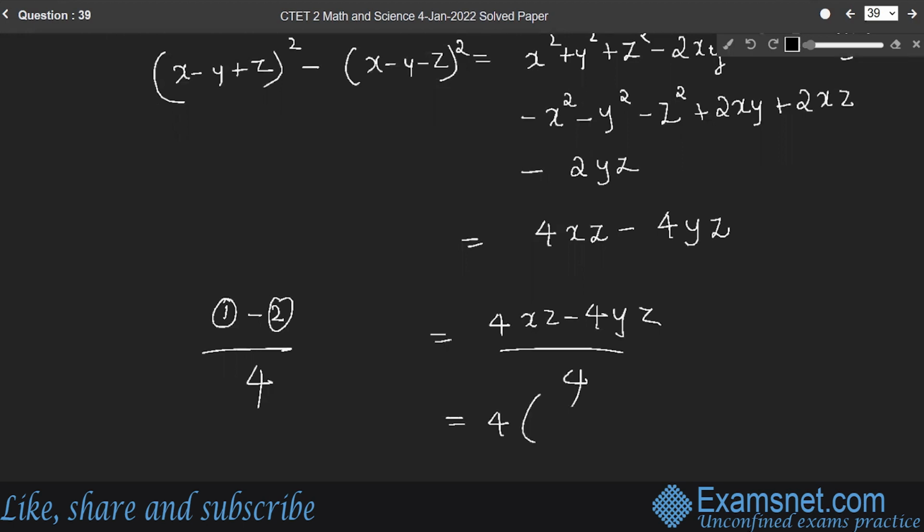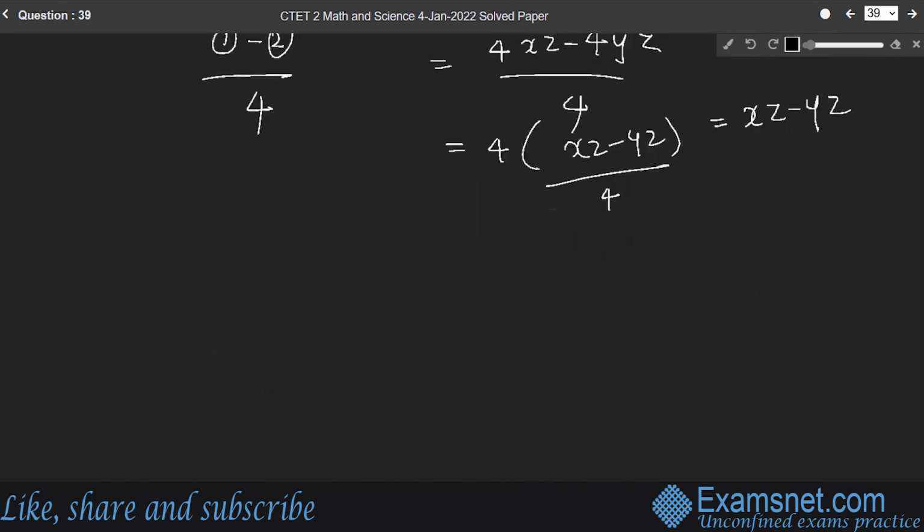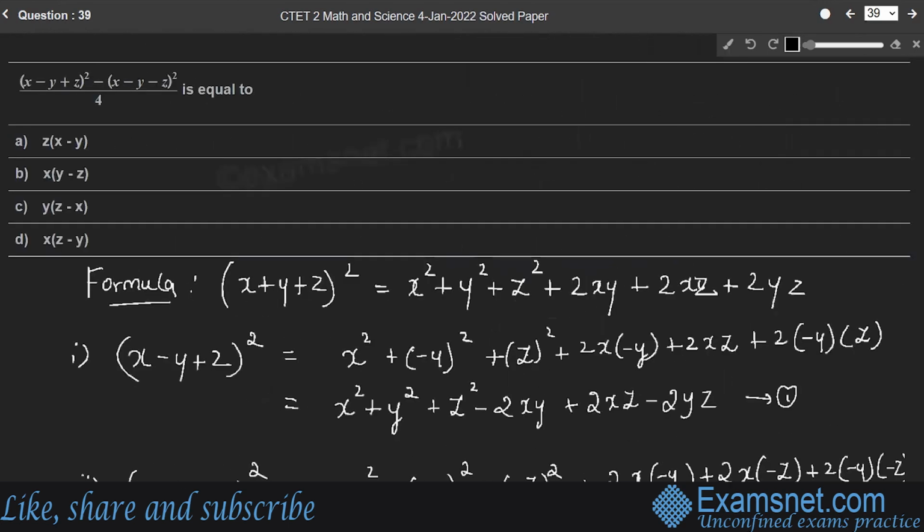Let us take 4 out. 4 into xz minus yz by 4, which is equal to xz minus yz. Hence the option xz minus yz. You can take z as common, z into x minus y. So option A is the right answer.